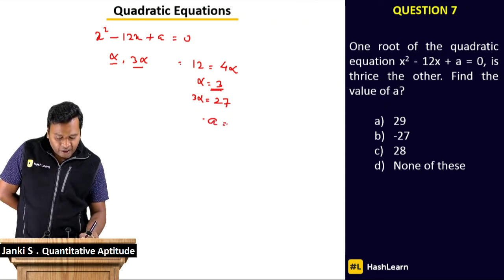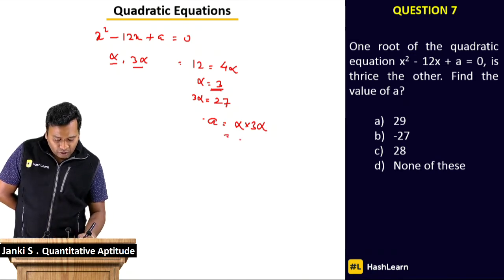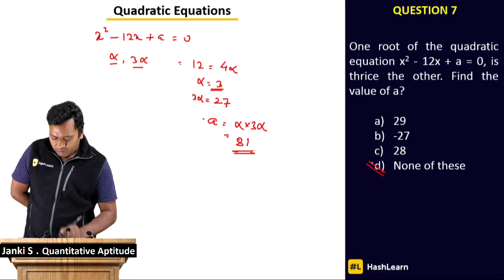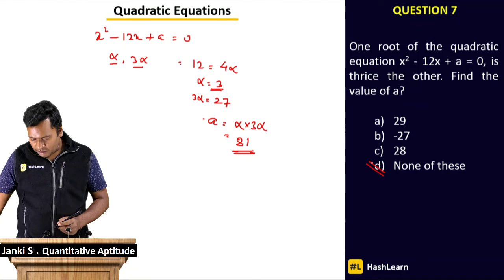So my value a is nothing but alpha into 3 times of alpha, right? That's my representation here. So now the value is how much? A value is nothing but 81 in this case, and there is no option as 81. My value is nothing but none of these. Correct.